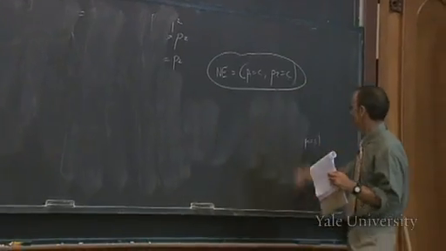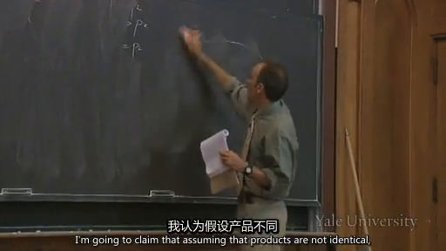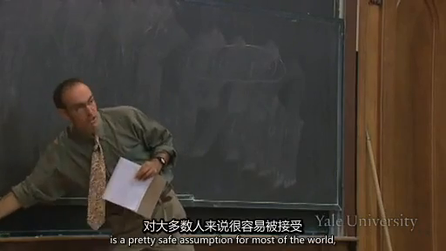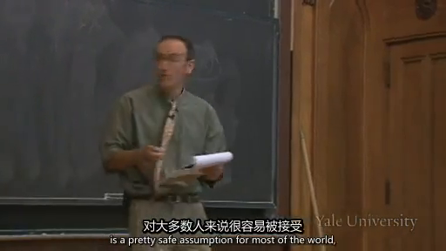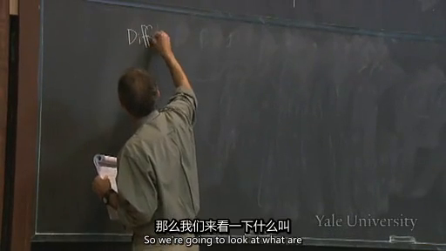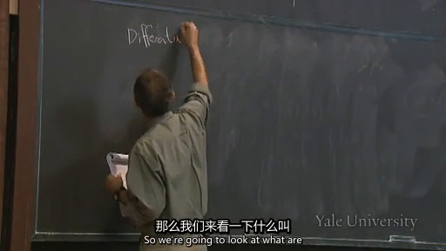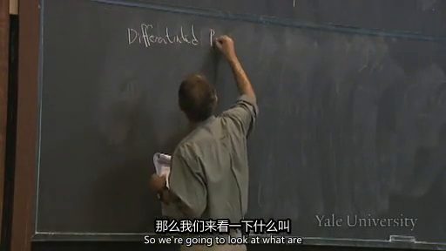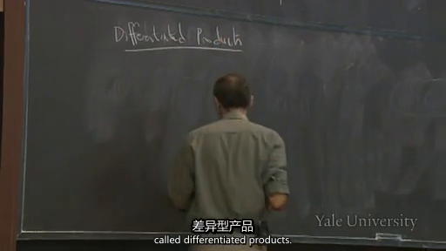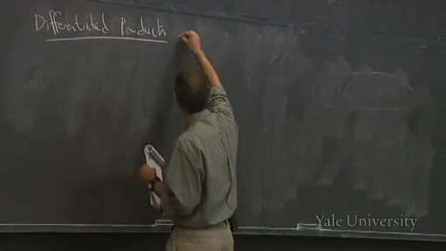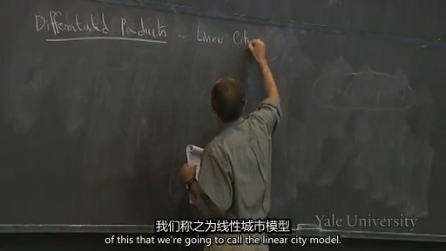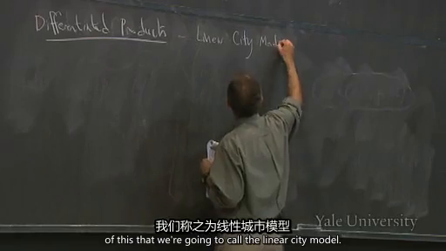I'm going to claim that assuming that products are not identical is a pretty safe assumption for most things that you're going to see in the world. So we're going to look at what are called differentiated products, and in particular a particular version of this that we're going to call the linear city model.